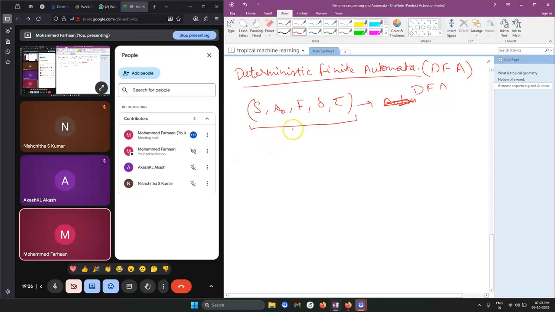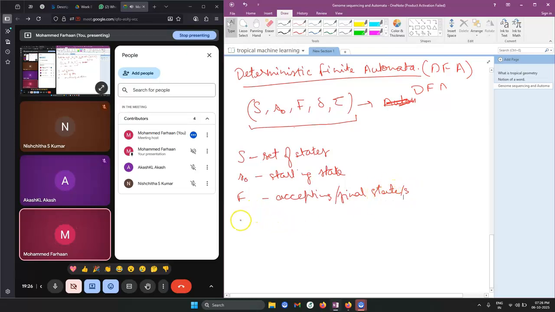So, in a deterministic finite automata, let's break this down. First I'm going to just list all of them by name, and then I'm going to draw an automata and explain what it means. Set of states, starting state, F is my accepting final state, and this delta is my transition.